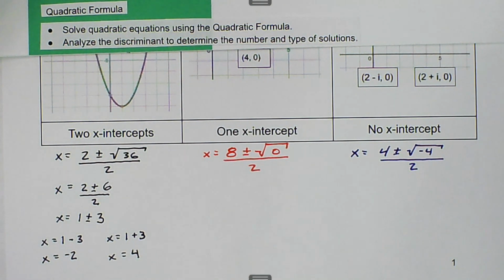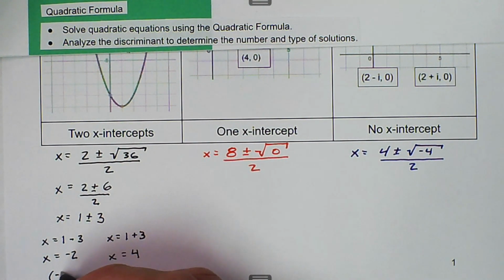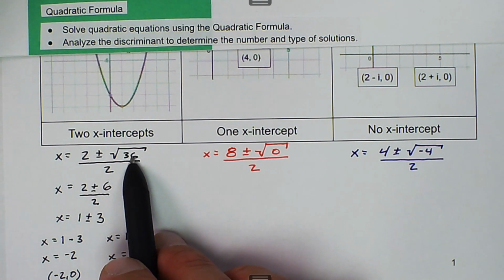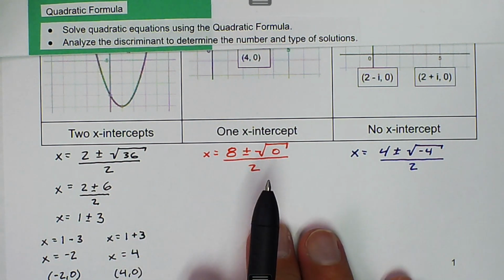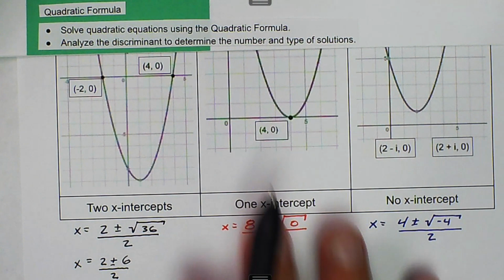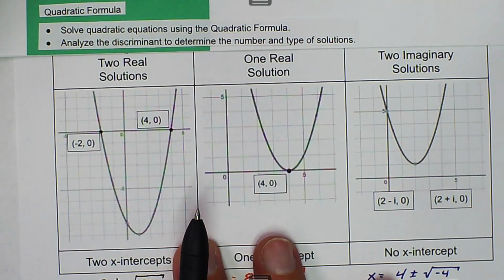Then we have to remember that these are x coordinates, and when we're using the quadratic formula, our y value has to be 0. So we get the ordered pairs negative 2, 0 and 4, 0. So we have 2 separate solutions when we have a positive value under the radical. And that's what we have shown here.